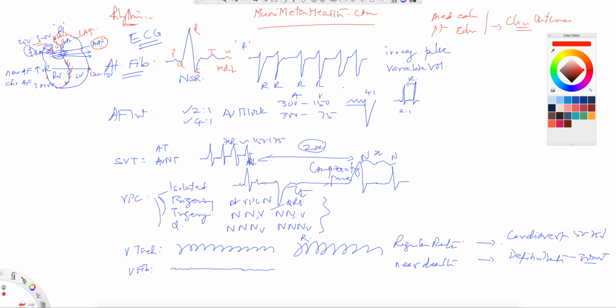So about 300 beats are arriving at the AV node, but only a handful of them, like 75 to 80, shall traverse the interventricular septum. As a result, your ventricular rate is only about 70 to 80, because that's exactly what you'll feel as a pulse distally.